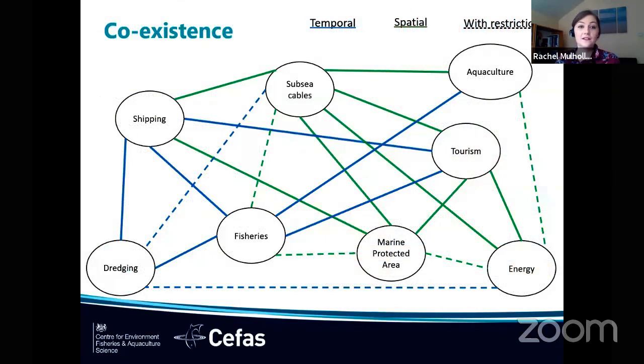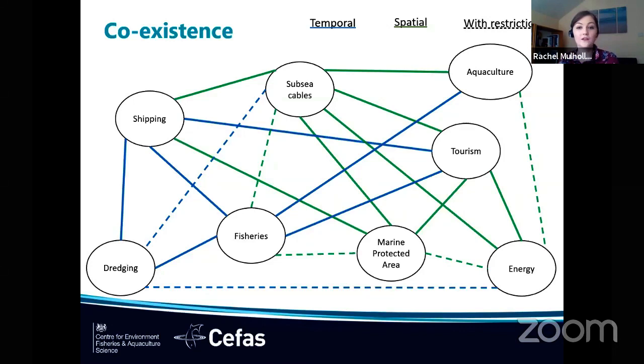There are many different activities which can overlap or share space in the marine area. And you can start to build up a quite complicated diagram of all of the different activities and all of the possible linkages between them. Spatially, for example, there are lots of activities that can take place in a marine protected area: tourism, fisheries, depending on the type of fishing, shipping, and potentially subsea cabling.